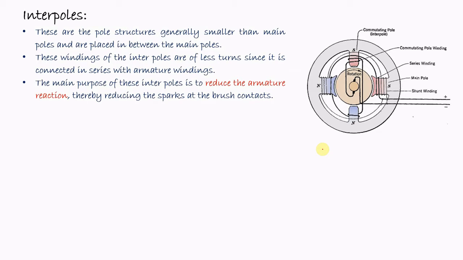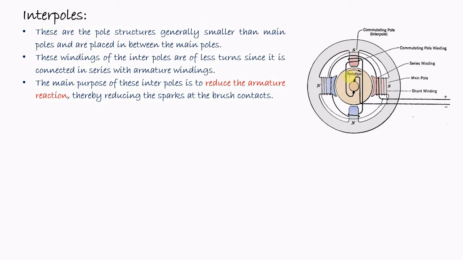Basically, when the machine is in running condition, some current is flowing in the rotor conductors also. As a result, another magnetic field will be produced in the rotor conductors. The magnetic field is also produced in the stator, and when it is in running condition, another magnetic field will be produced.